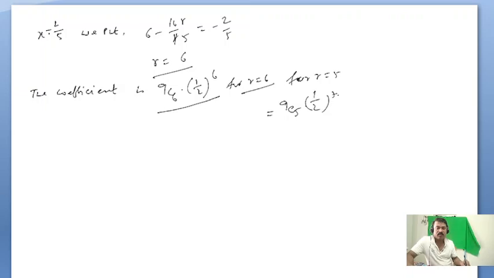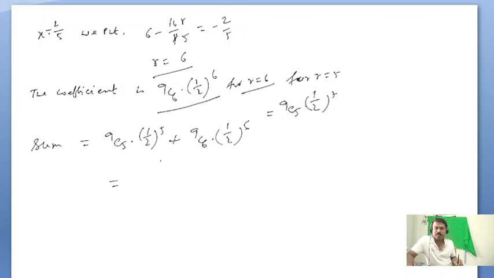Therefore, the sum equals 9C5 (1/2)^5 plus 9C6 (1/2)^6.